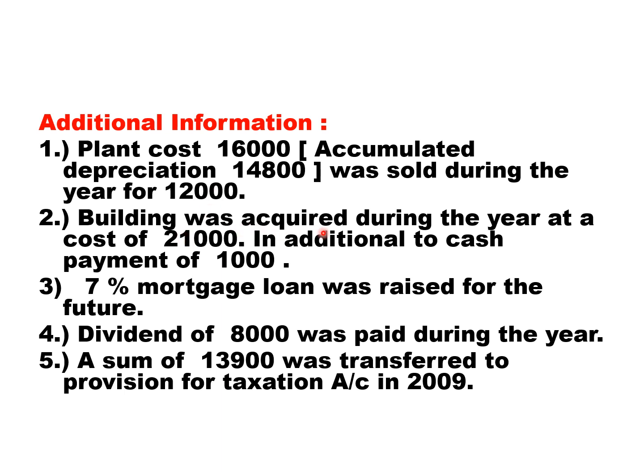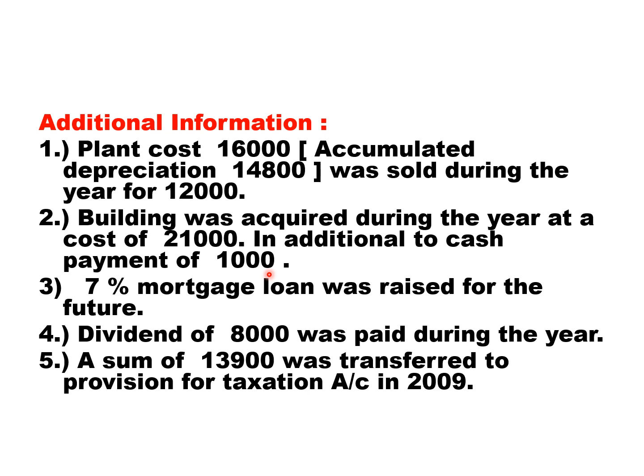Building was acquired during the year at a cost of rupees 21,000. So 21,000 is called purchase of building, will come in building account and investing activity. In addition to a cash payment of rupees 1,000. So that means another 1,000 rupees separately is being paid.